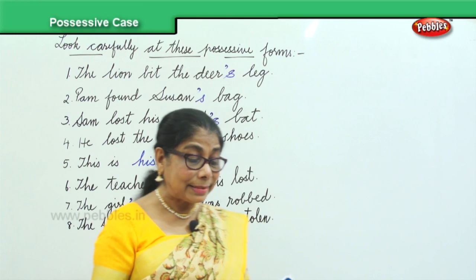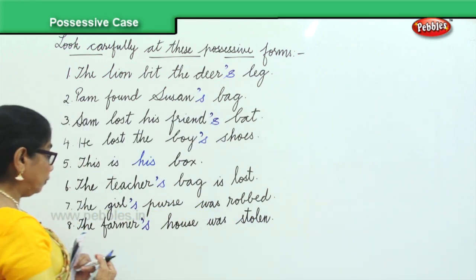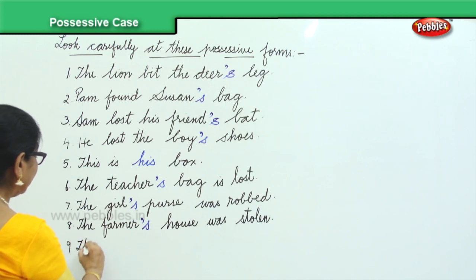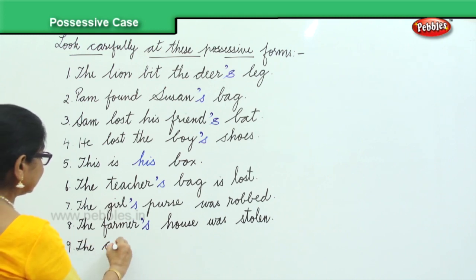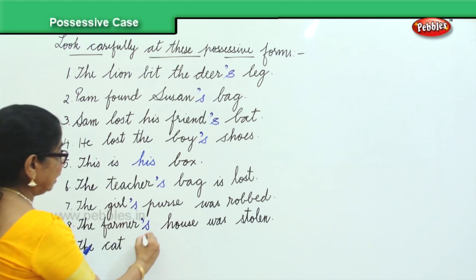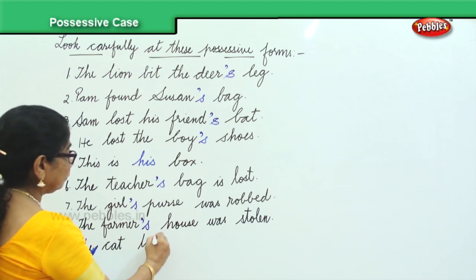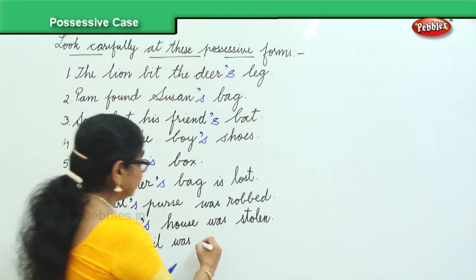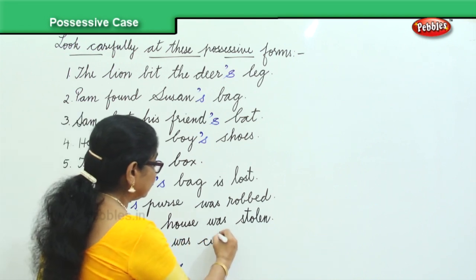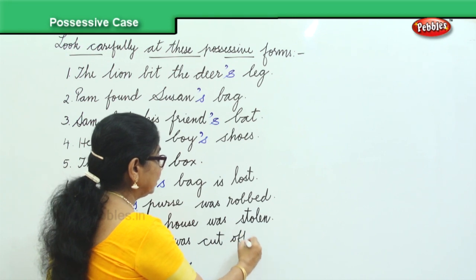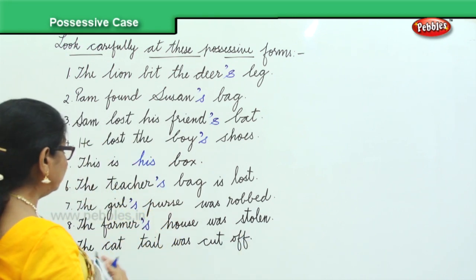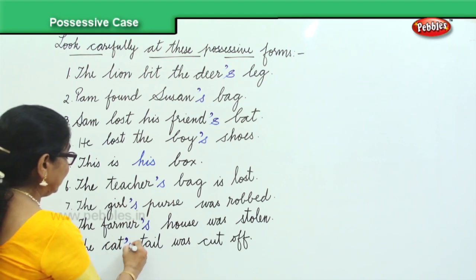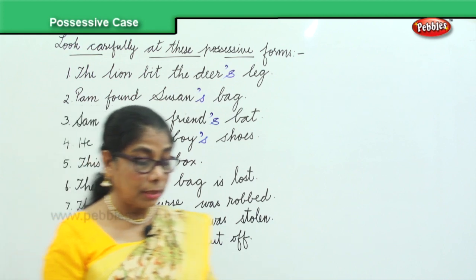Next, the cat's tail was cut off. The cat's tail was cut off. Whose tail? Cat's. Cat's tail was cut off.